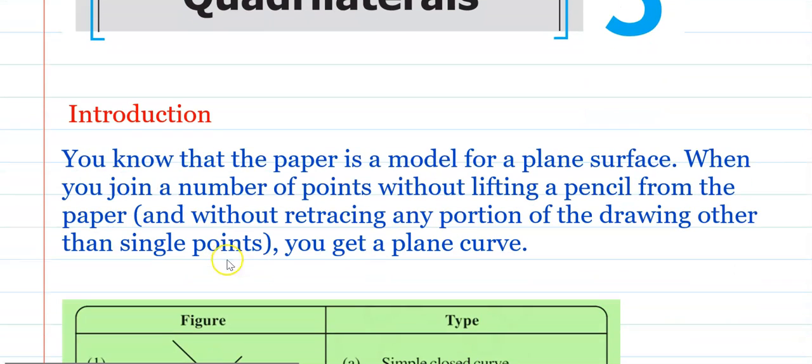Now, first, the introduction. You know that the paper is a model for a plane surface. Paper is nothing but the plane surface. When you join a number of points without lifting a pencil from the paper, you get a plane curve.